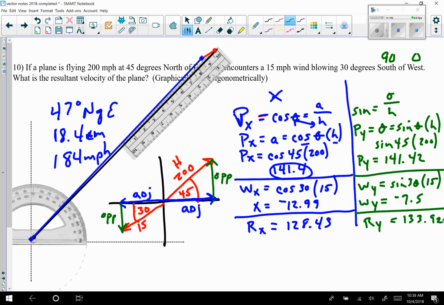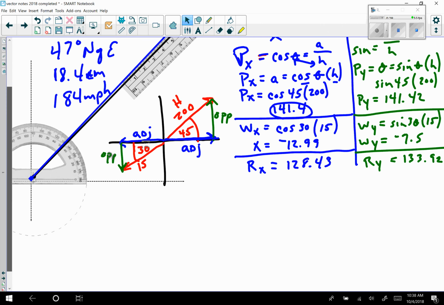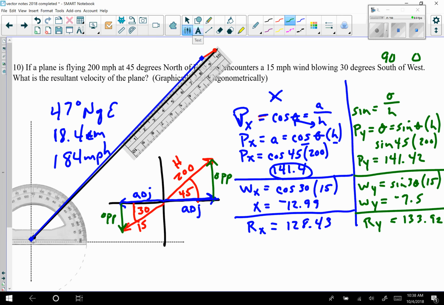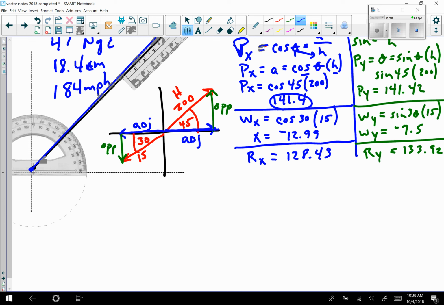Well, you're still not done yet. We have actually two more steps to do. If I want to find out how much the plane is really going to go, if you combine the wind and where it's pointed together, let's take this resultant and sort of redraw it here. And so I went 128.43 in the x direction. So I'm going to redraw that line.